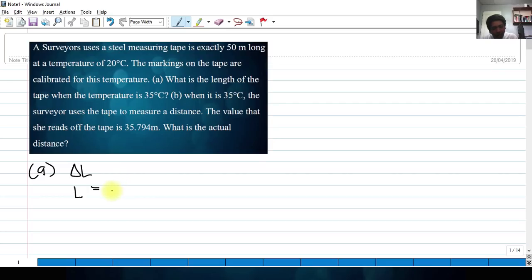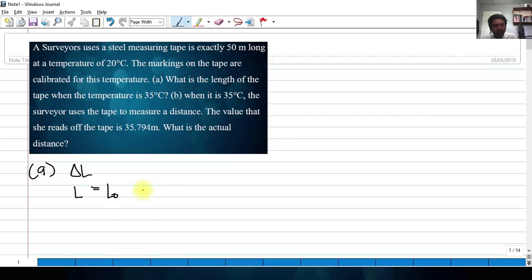So our formula here is, again, let's derive first.